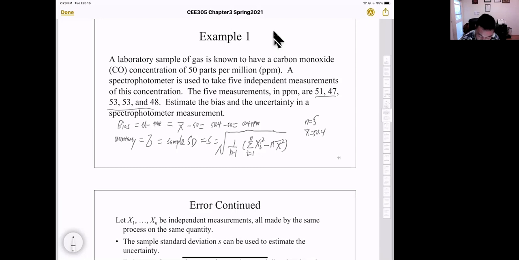We use this equation to calculate the sample standard deviation S, so 2.8 ppm. So the bias is 0.4 and the uncertainty is 2.8.